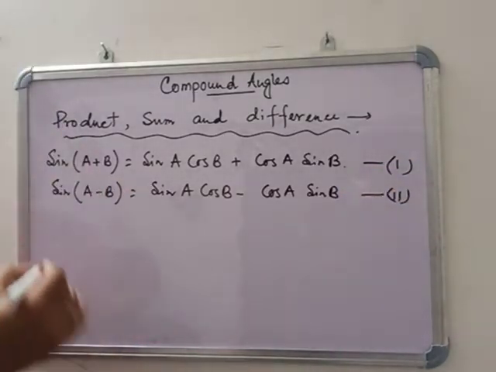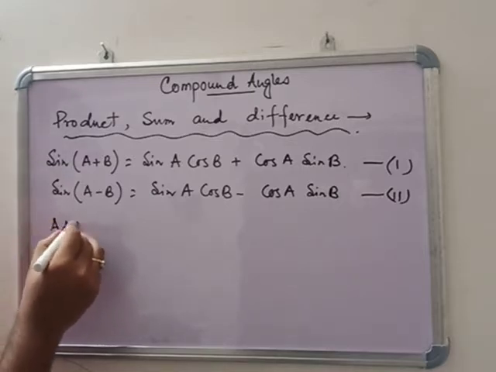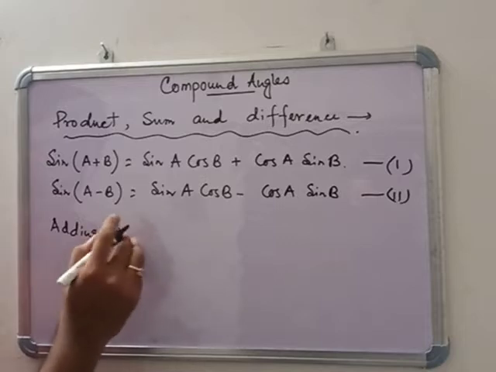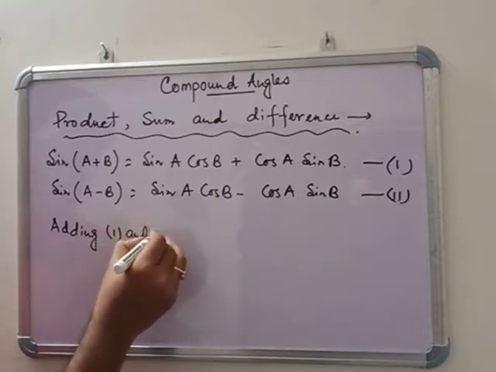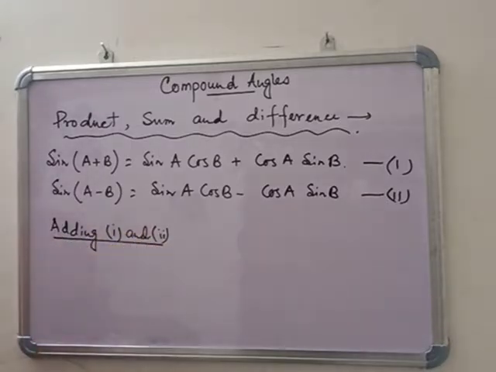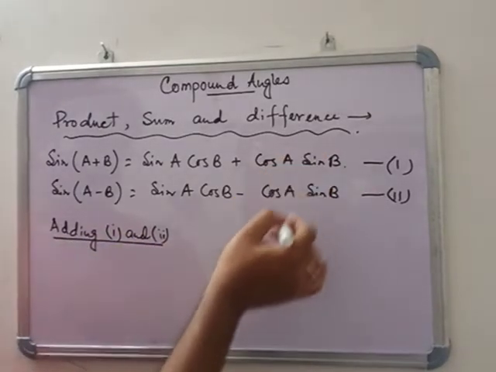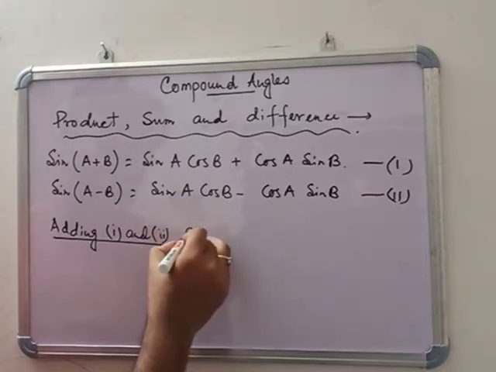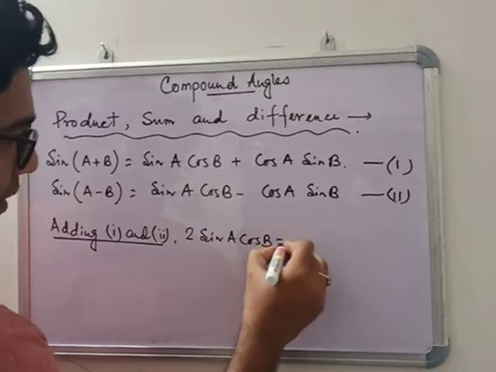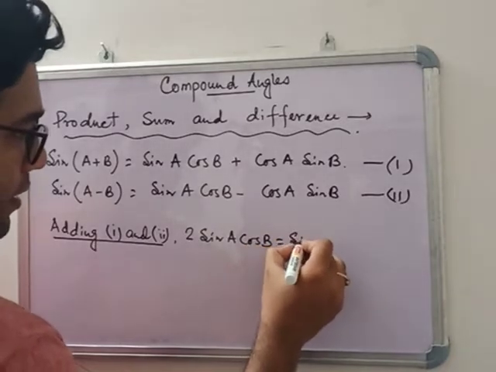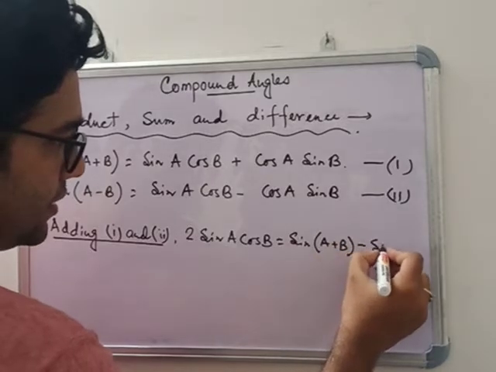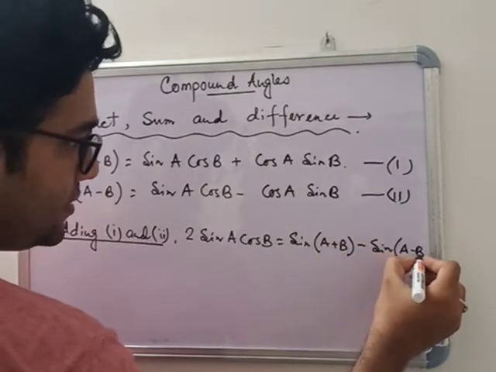Now if we add 1 and 2, we get, see that this part is cancelled. That means 2 sine a cos b equals sine of a plus b plus sine of a minus b.